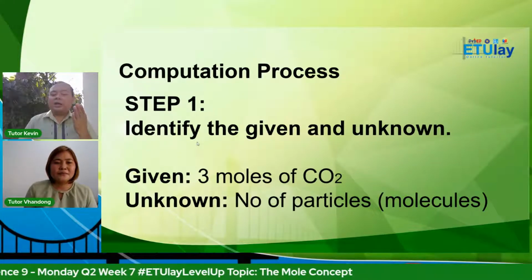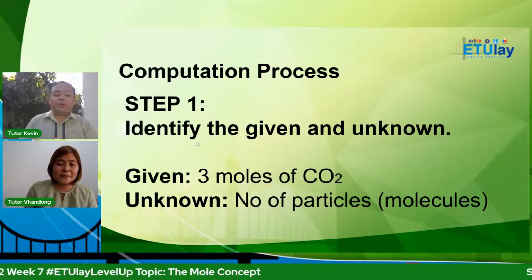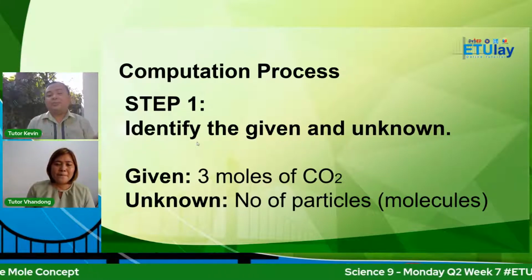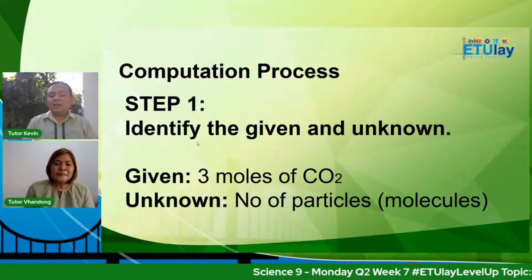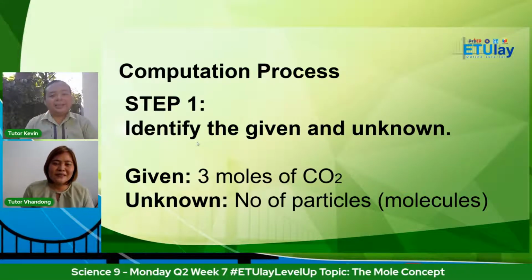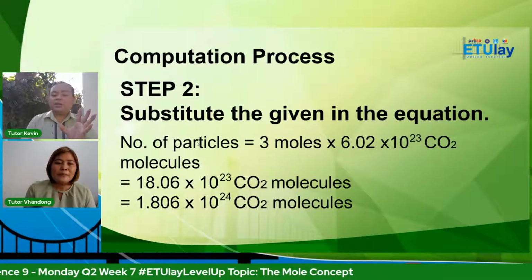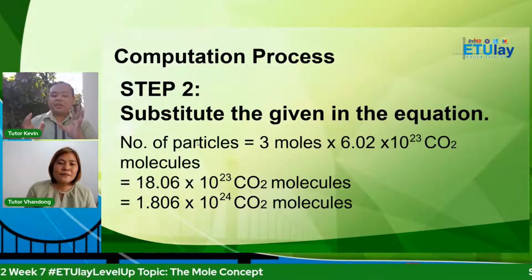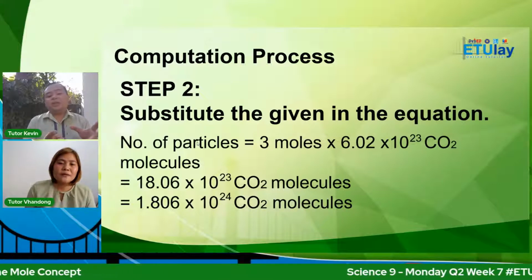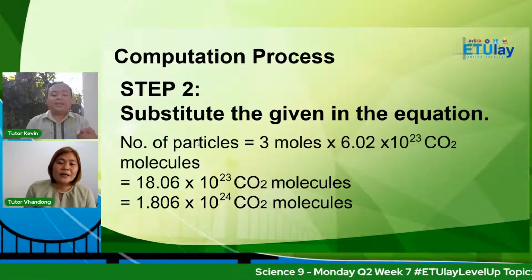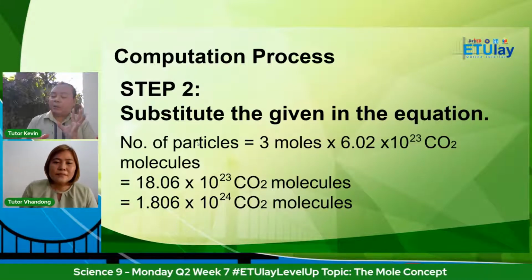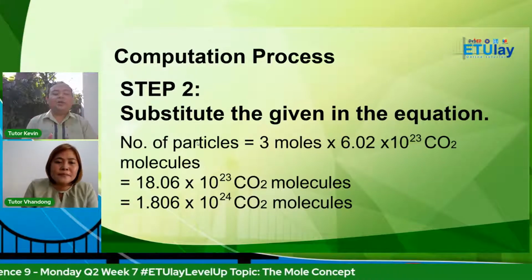Ano yung given at saka ano yung unknown? Given natin is 3 moles of carbon dioxide. Ano yung hinahanap natin? Sabi sa problema, number of particles or the molecules ang hinahanap natin. Now, substitute the given in the equation. Ang equation natin is number of particles equals 3 moles times 6.02 times 10 to the 23rd carbon dioxide molecules.